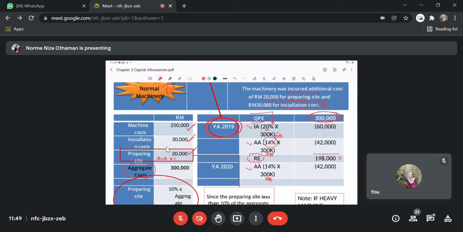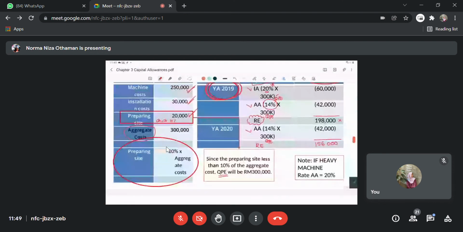So times QPE, you will get this item. So calculate the RE for 2020. What is the RE for 2020? 198 minus 42 is how much? You get RE 156. Right? So far is it okay?